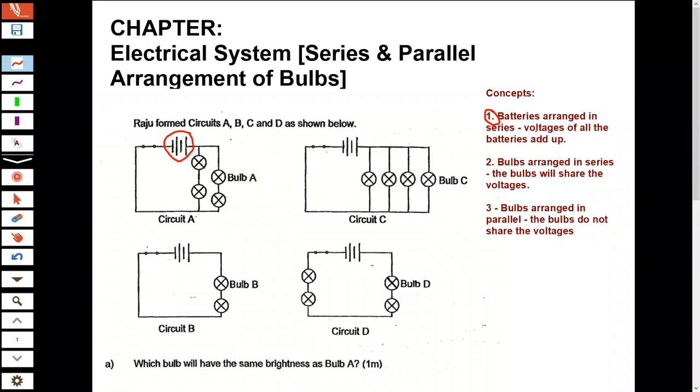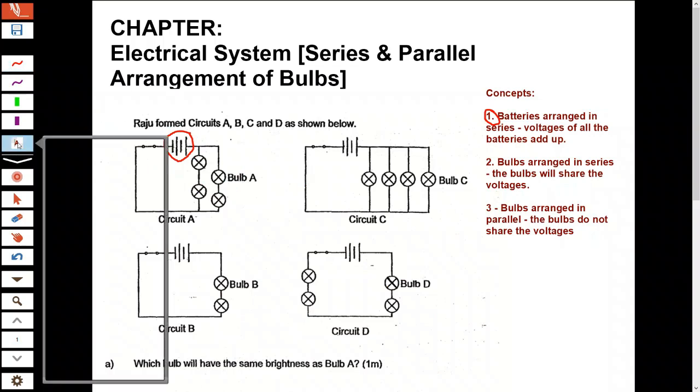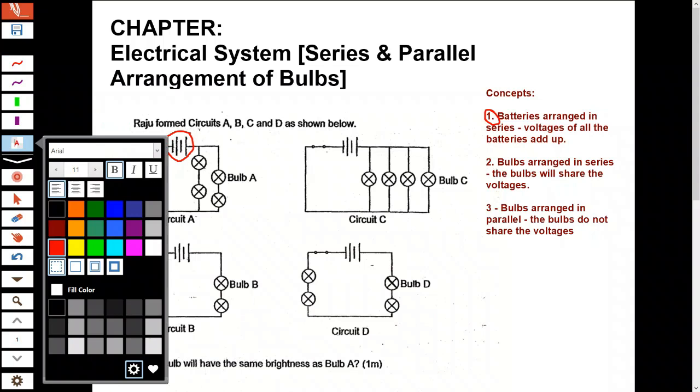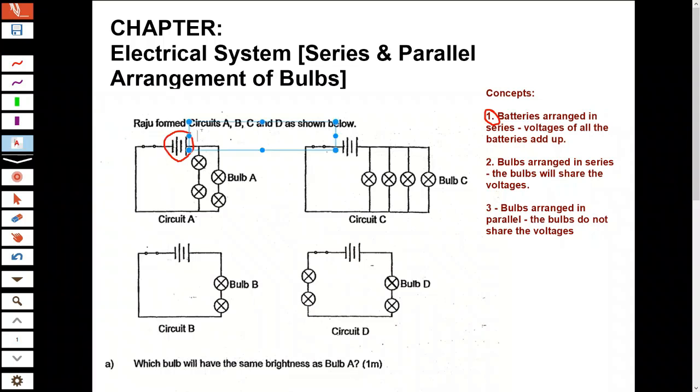So usually I would advise students to apply units. For example, if we apply 2 units of electric current or voltage for each battery, then in circuit A there are two batteries, right? And they are arranged in series. Therefore, the total voltage for circuit A will be 2 units multiplied by 2 batteries, and you will get 4 units.